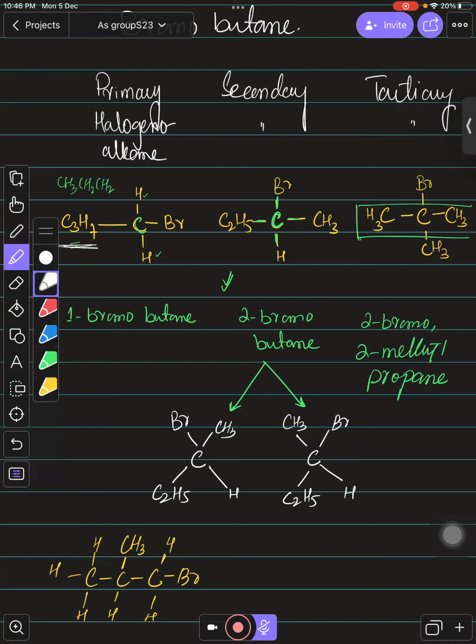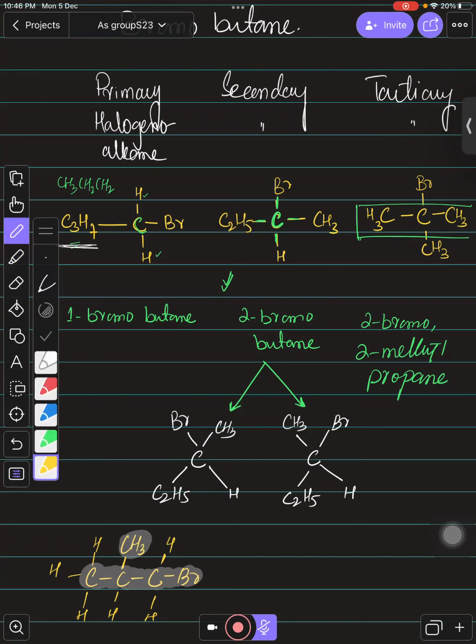We need to consider a long chain having bromine. So this is the maximum long chain which can have bromine inside it, right? And this will be branched down. So you can name this as 1-bromo, and now methyl is on the second carbon, so 2-methyl, and the long chain contains 3 carbons, so it is propane.